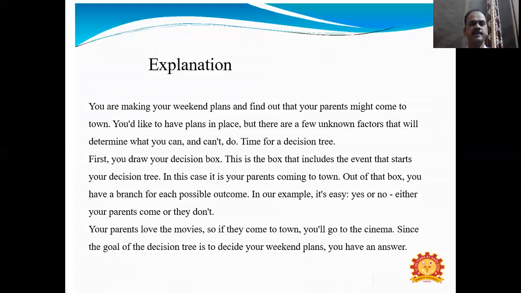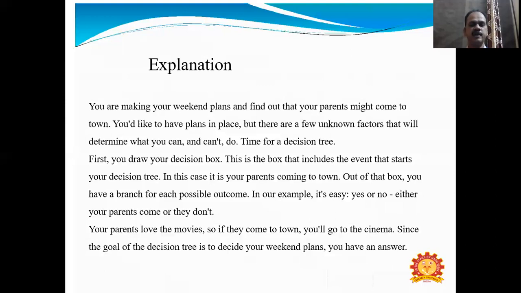You are making your weekend plans and find out that your parents might come to town. You would like to have plans in place, but there are a few unknown factors that will determine what you can and cannot do. So it is time for a decision tree.